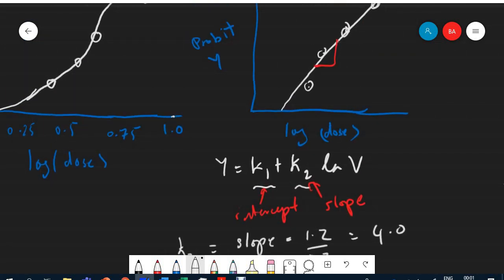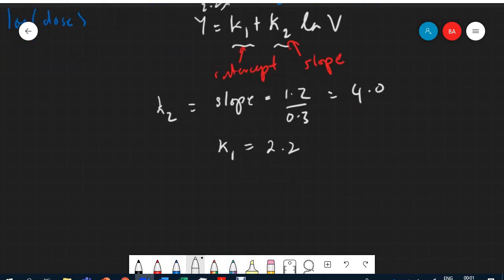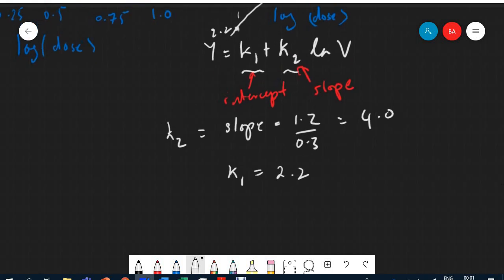And if you just draw this line and see where it intercepts, you'll find out that it will intercept at 2.2. So whether you do it through the figure or through your calculation, it all works out.